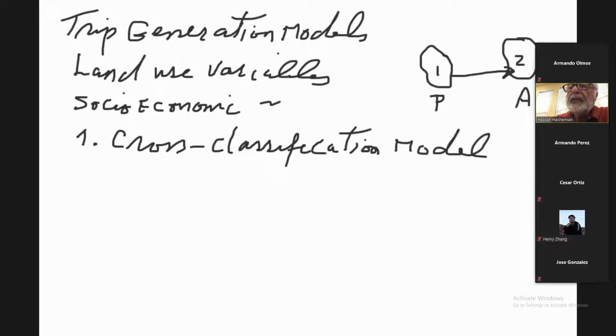Now, one of the cross-classification example models that I will show you is a model that's based on the family size, auto ownership.